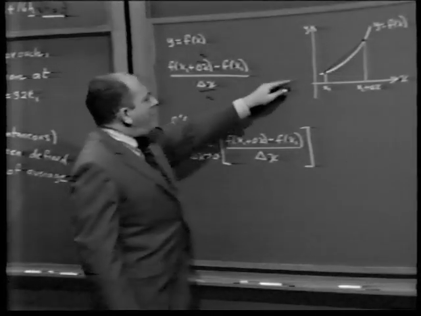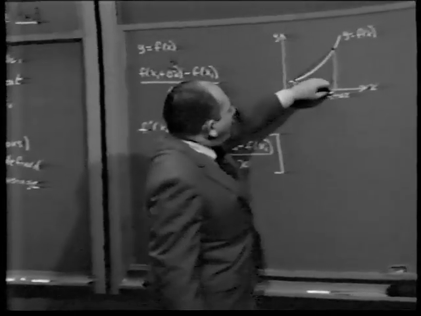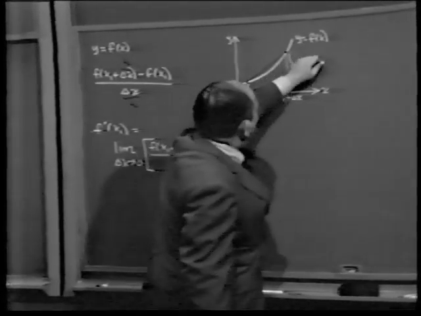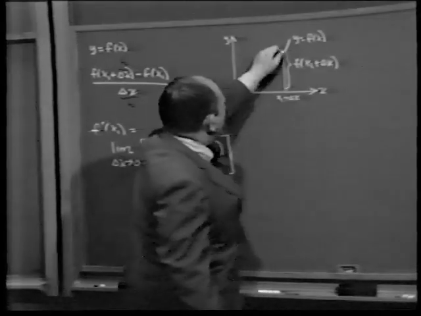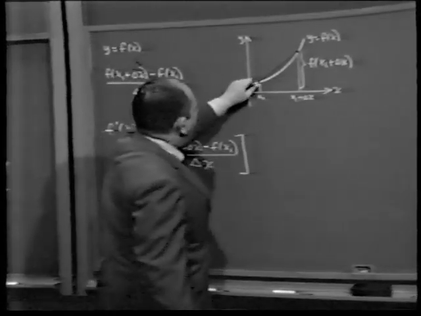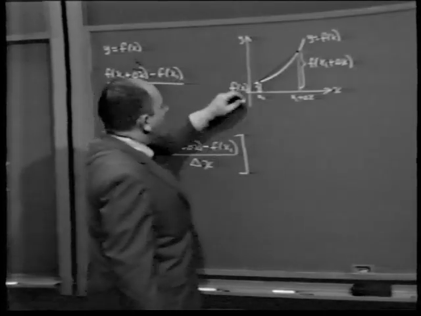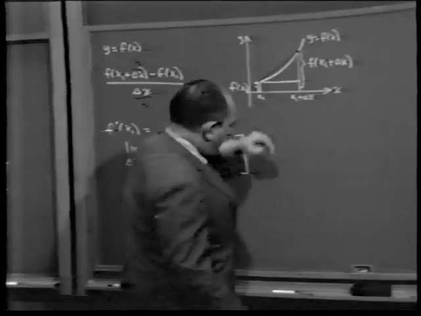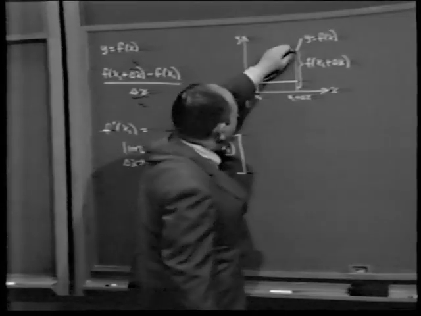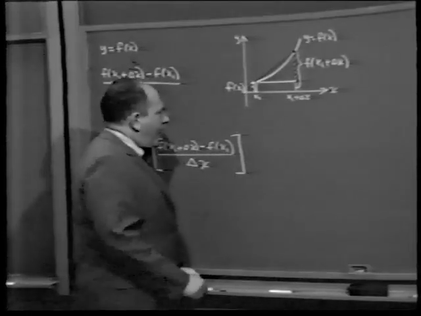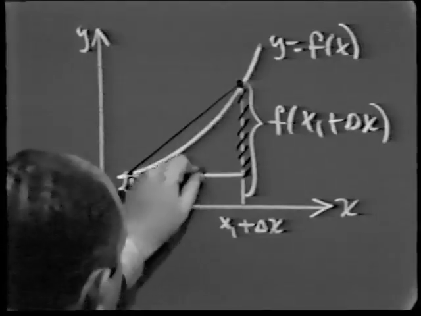Observe that if we go to the graph, f of x1 plus delta x is this particular height. On the other hand, this height is f of x1. Consequently, our numerator is just this distance here. And our denominator, which is delta x, is just this distance here.